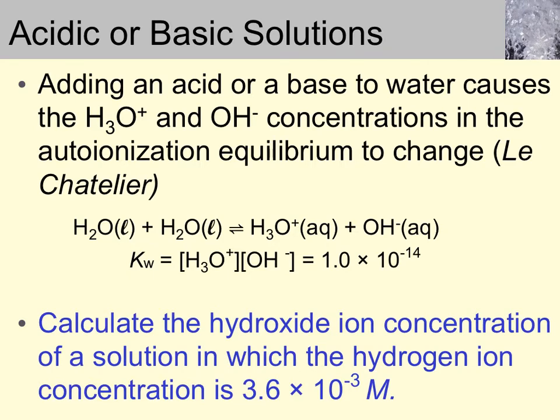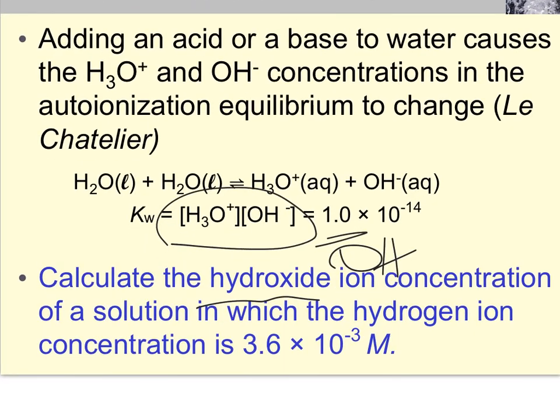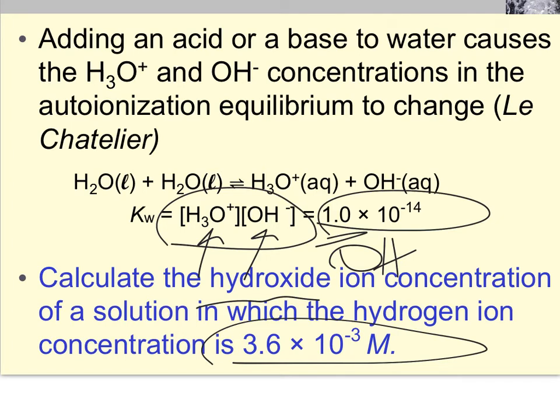Now, obviously, if you add an acid or a base to neutral water, you're disrupting the ratio of hydronium and hydroxide ions. So let's look at an easy calculation. For example, what if I asked you to calculate the hydroxide ion concentration when the hydrogen ion concentration is 3.6 times 10 to the minus 3 molar? Well, as long as it's at room temperature, which you assume unless you're told otherwise, the product of these two ions will always be 1 times 10 to the minus 14.